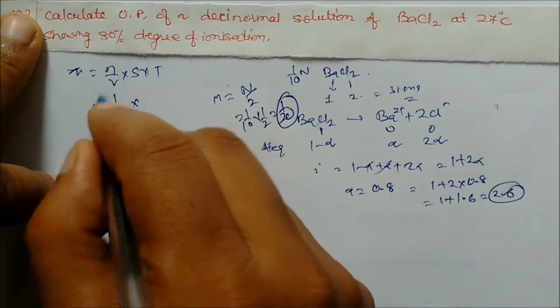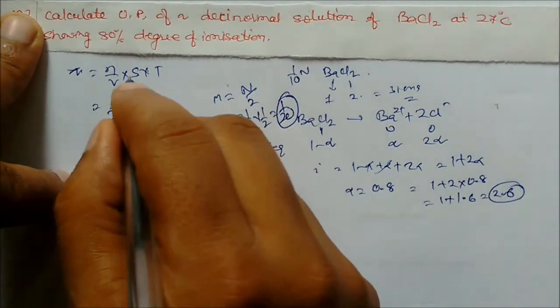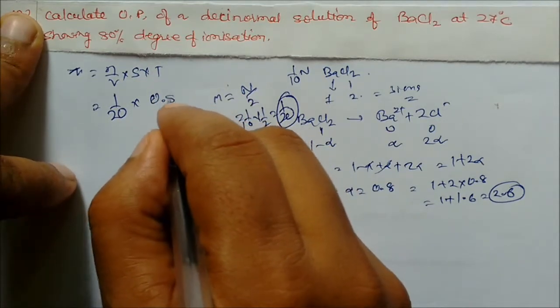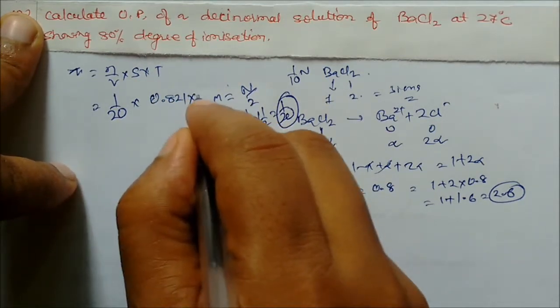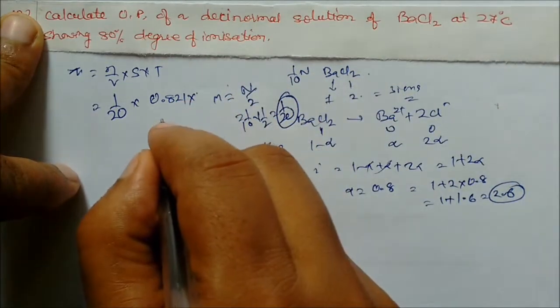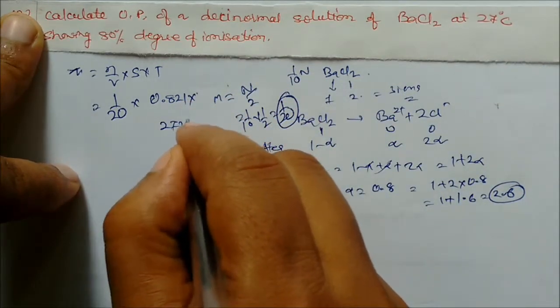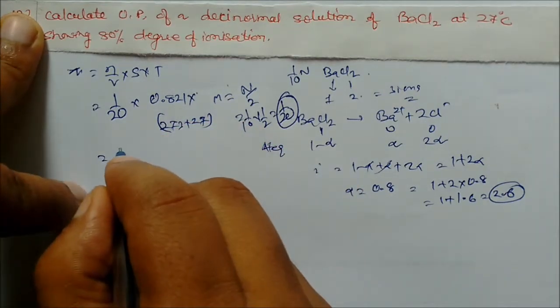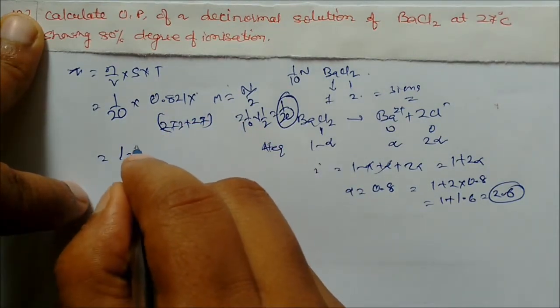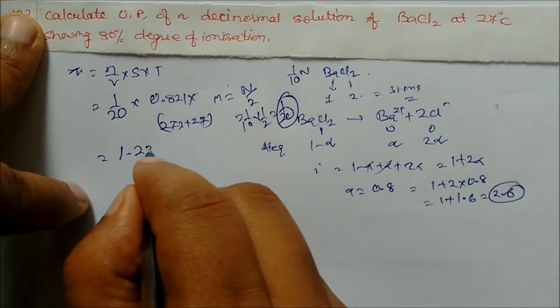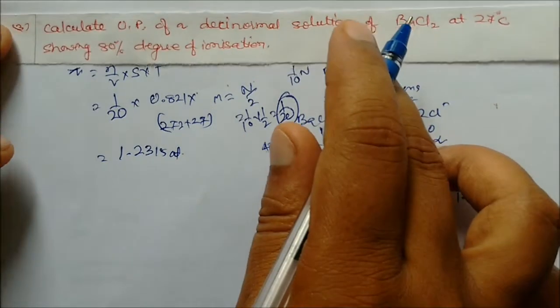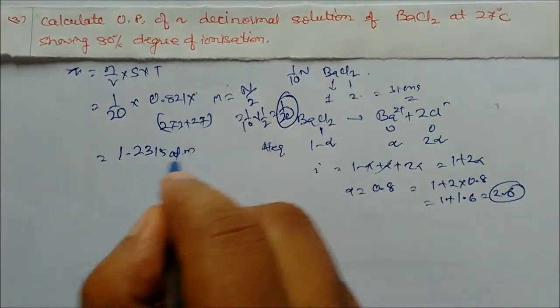So we put the value 1 by 20 here, and this is the concentration of the solution, and S is 0.0821 atmospheric pressure units. Multiplied by temperature, 27 degrees centigrade, so this will be 273 plus 27. On solving, we get 1.2315 atmospheric pressure, about 1.2 atm.